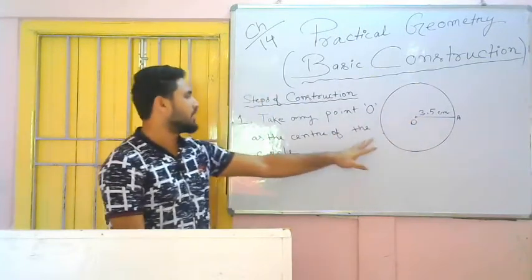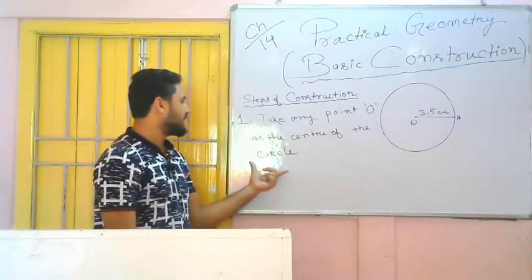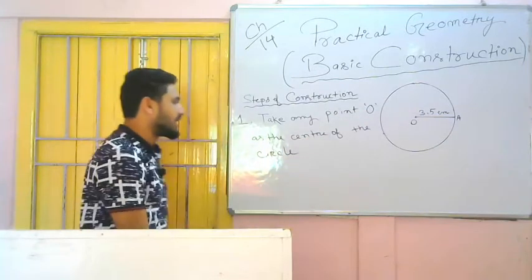First we have done this step, so I have written the first step: take any point O as the center of the circle.